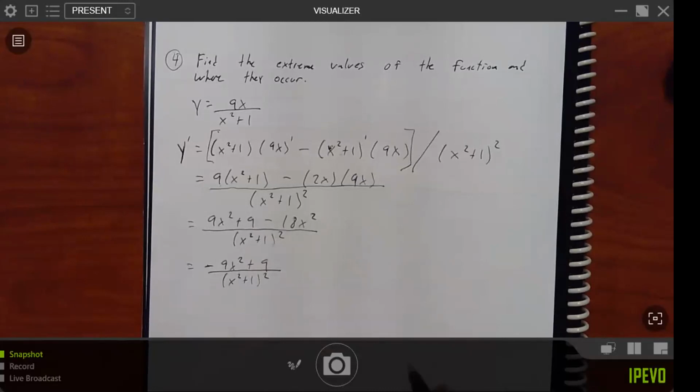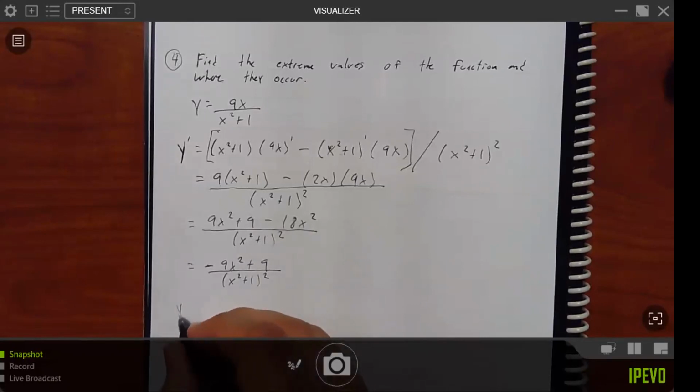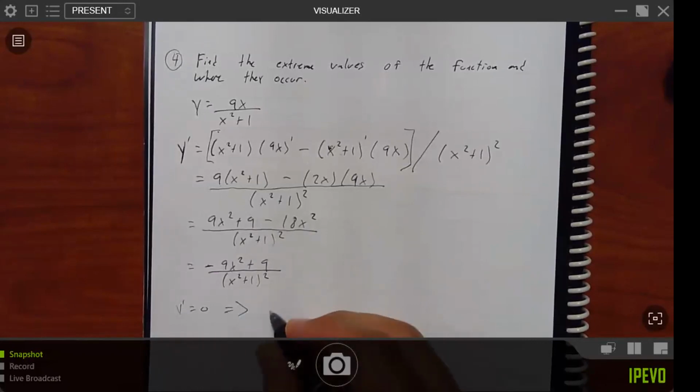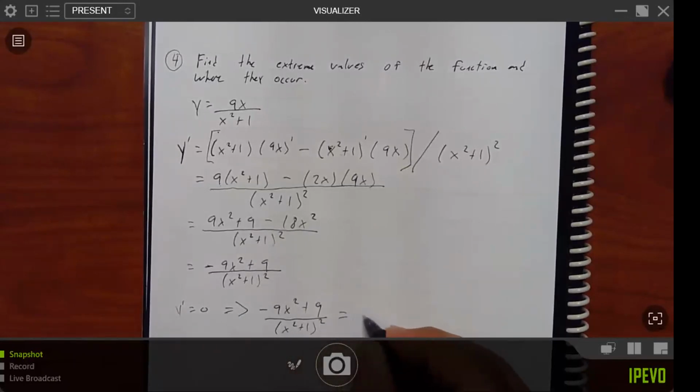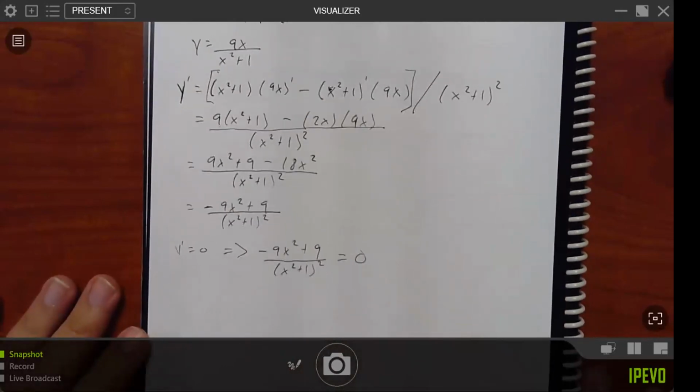All right, that factor now is not gonna help. So set this equal to 0. That will give us negative 9x squared plus 9 over x squared plus 1 squared equal to 0. Right?